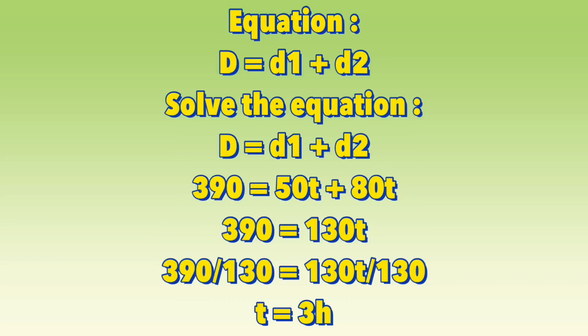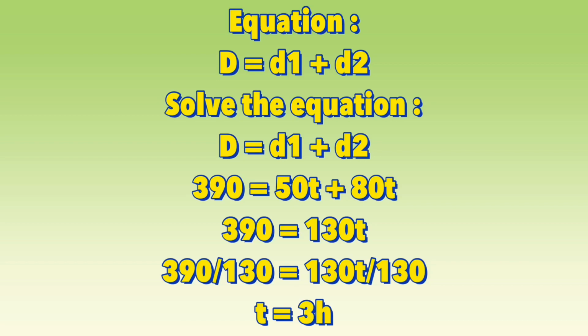Okay, the distance covered is 390 equals the distance of bus, we have RT. So the rate of the first bus is 50 times t plus the rate of the second bus is 80 times t. Then our next step is to combine like terms. 50t plus 80t equals 130t.